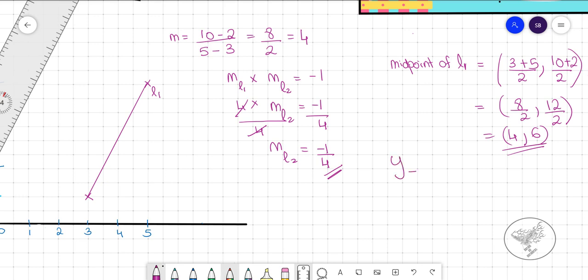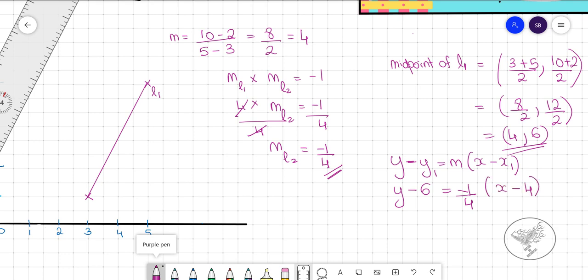Now let's use the equation of a straight line, y minus y1 is equal to m into x minus x1. So y minus 6, I'm taking the coordinates of the center point, gradient is minus 1 over 4 into x minus 4.